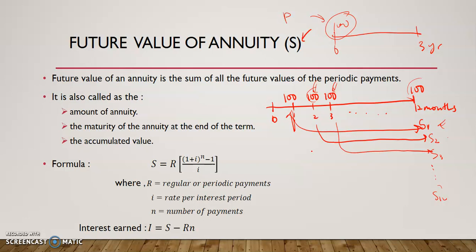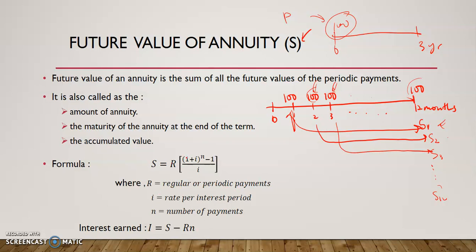But in annuity, we don't have that P because we have periodic payment, periodic investment. So now this RM100 that we invest every month, this is R. R refers to regular or periodic payment.